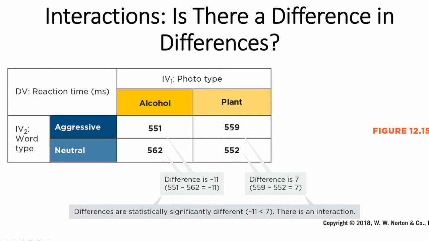If we subtract this and this, so for plant images, aggressive and neutral words, our difference is 7. So we're asking, is there a difference between the difference we get from these and the difference we get from these? So is minus 11 different from 7? And the answer is yes. So yes, there is an interaction. We have a difference in differences.